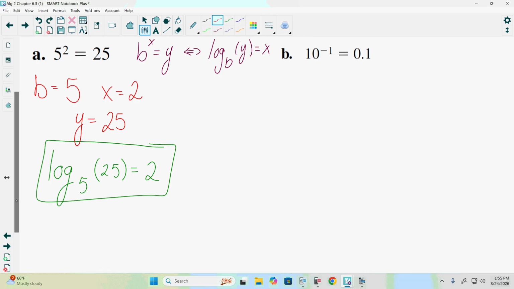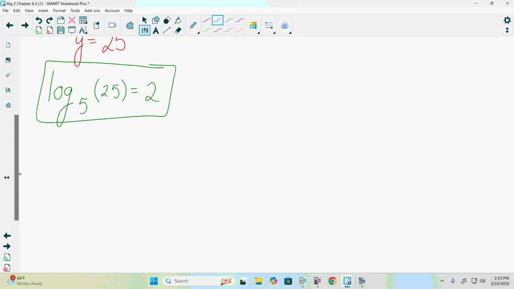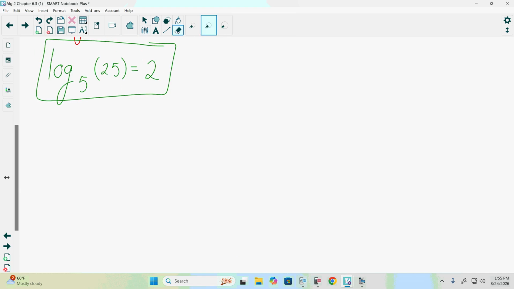Now, one thing I do want to point out, when we are writing this, we do need to be careful. We do need to make sure that that 5 is dropped lower, is in that subscript. Because if we write it like this here, this is not log base 5 of 25.